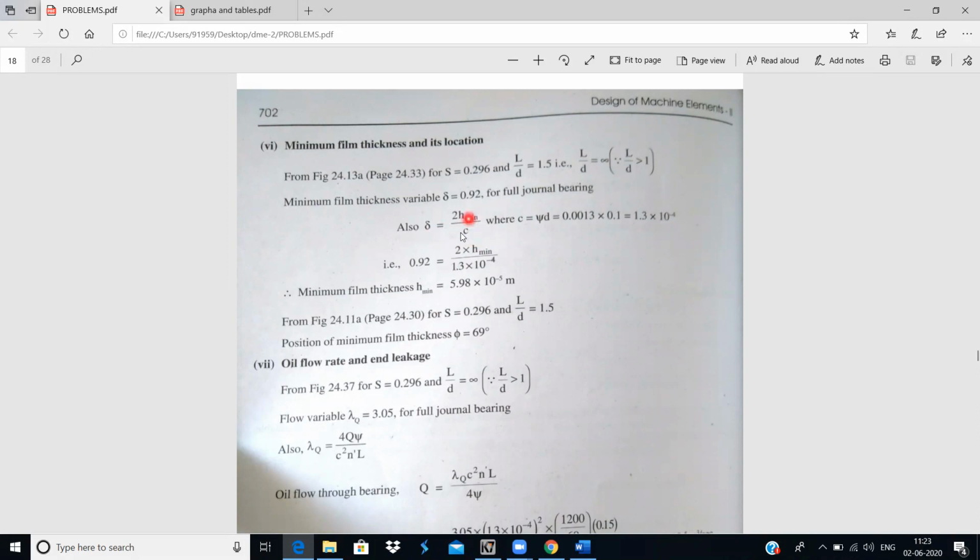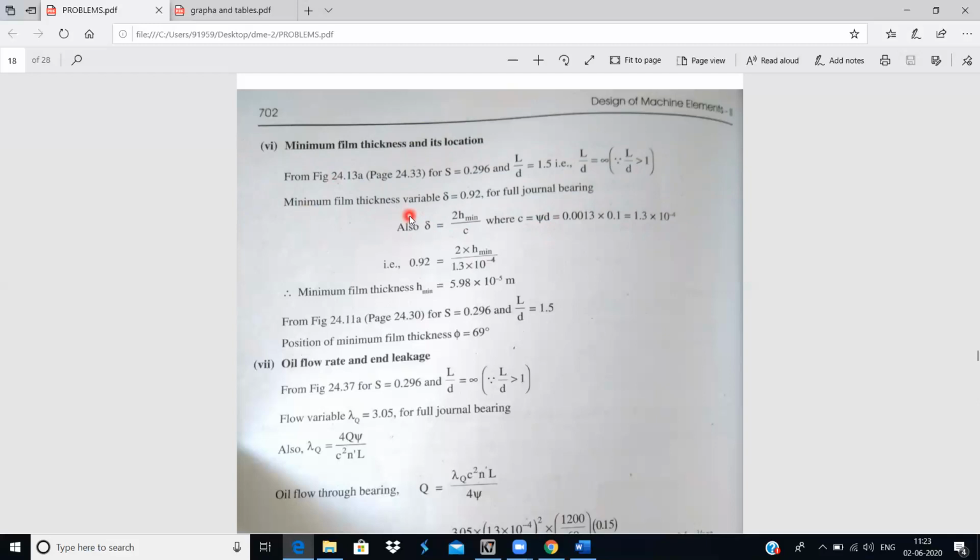But here C we know, but unknown is delta. And sure, C is equal to xi into D. Xi in the question we know, D we know, we can calculate C. We got 1.3 into 10 to the power of minus 4, but unknown is delta. This delta we can calculate by using the figure 24.13. Delta is nothing but minimum film thickness variable.